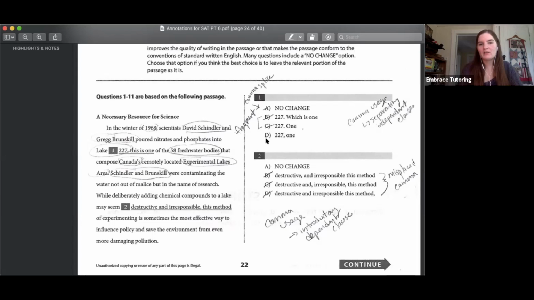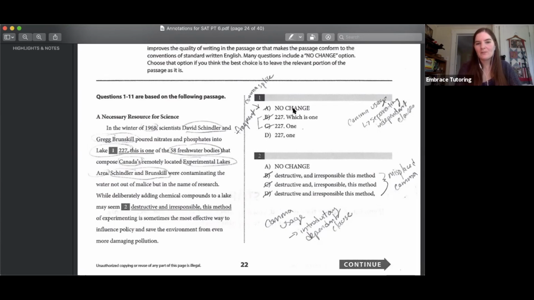So here, 227. The number is important. We need to know what we're dealing with. We have a lengthy first part of the sentence and a lengthy second part of the sentence until area. So we need to identify what each part of this question is looking at.